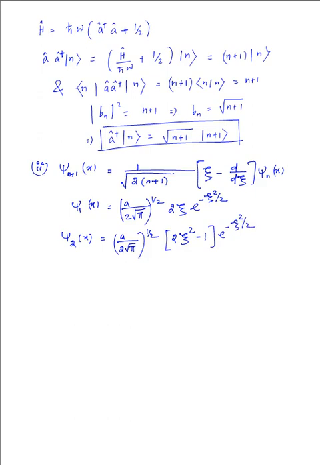And once again, in order to find psi 3 of x, we proceed in this manner. Now we are taking n as 2 over here, because this will be 1 over root of 2 times 2 plus 1, times xi minus d over d xi, that is the derivative with respect to xi, of psi 2 of x, the value that we have obtained over here.